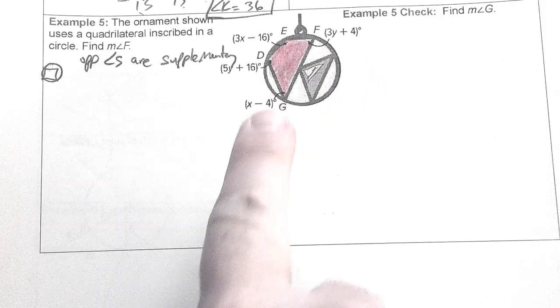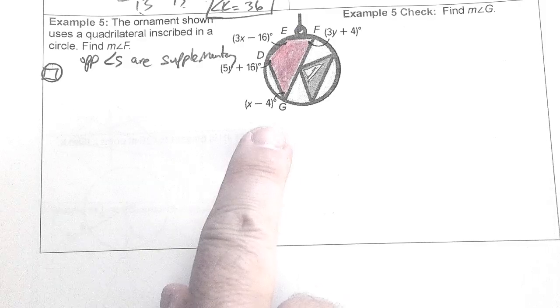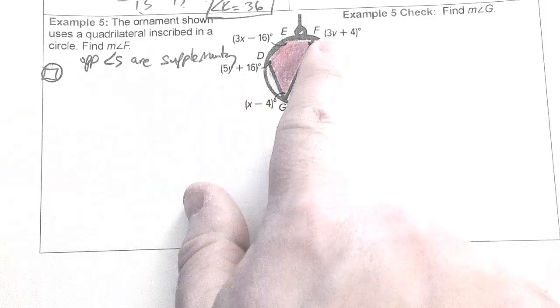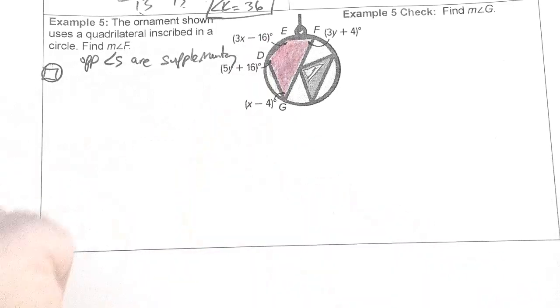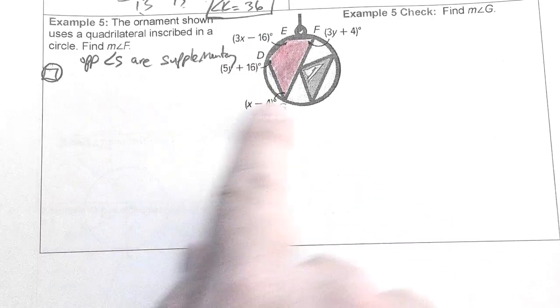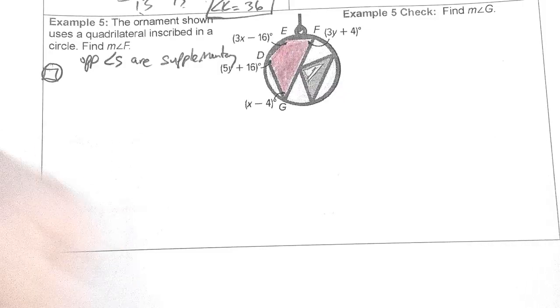Your opposite sides are x's, and your other opposite sides are y's. For F, we're dealing with the y's, and for G, you're dealing with the x's. Add them together, put them equal to 180. That's how you solve, and then we plug it back in.